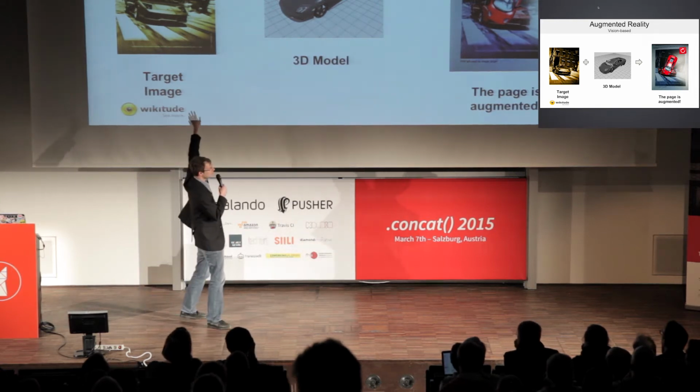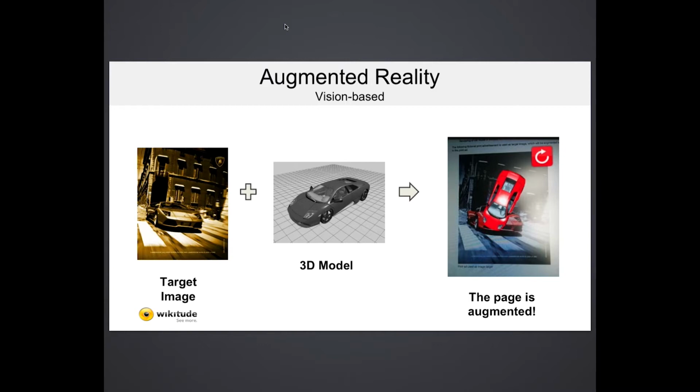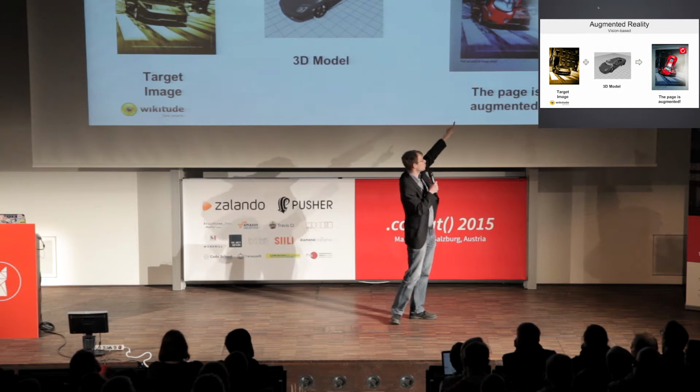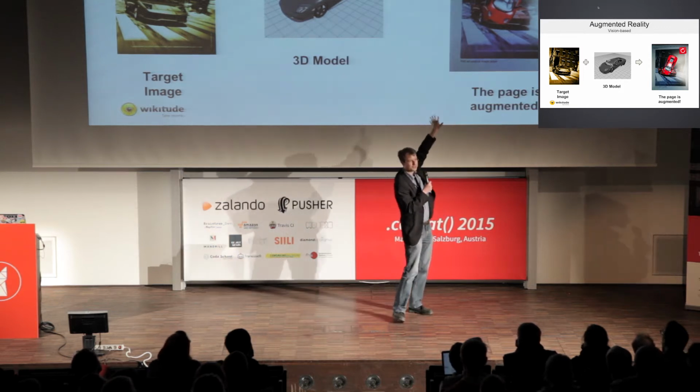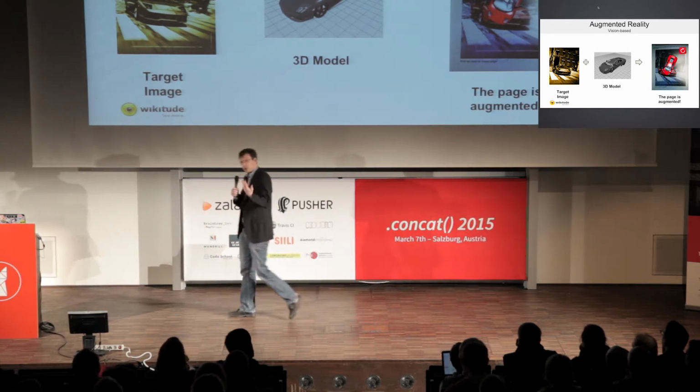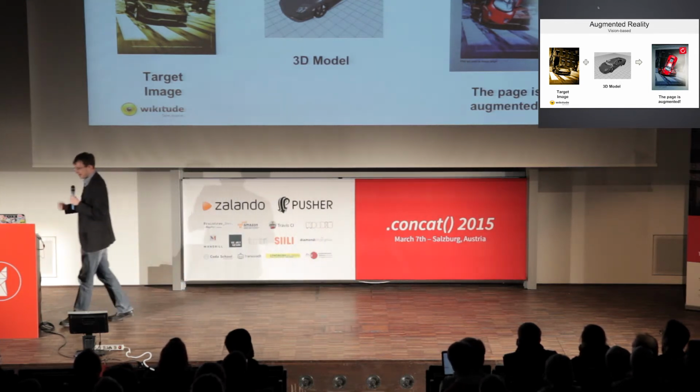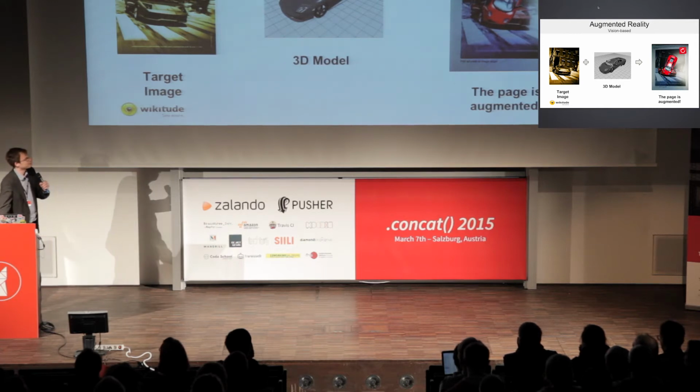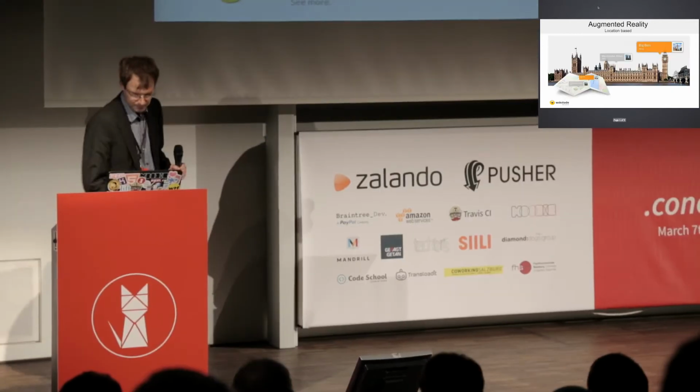So for example, here you have a poster of a car, or some kind of magazine cover, and you have a 3D model, and you want to show people how this car looks in reality. This is what comes out of it: the augmented magazine with that three-dimensional data, so you can have a look at it, experience it, combining the reality with the virtual world.